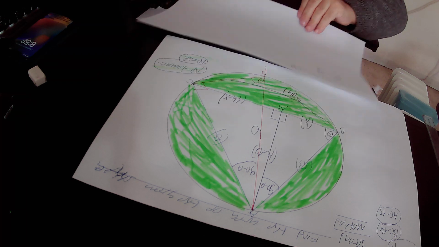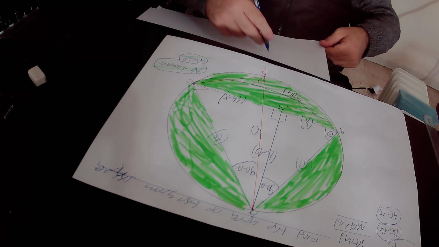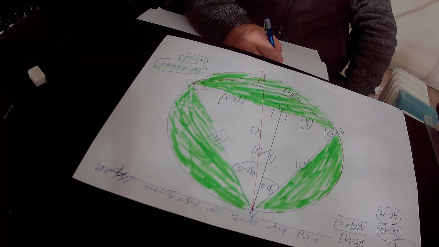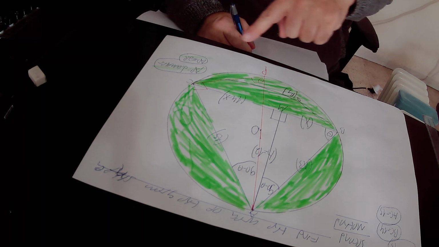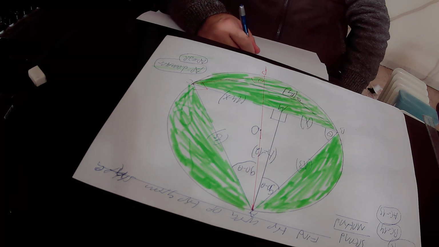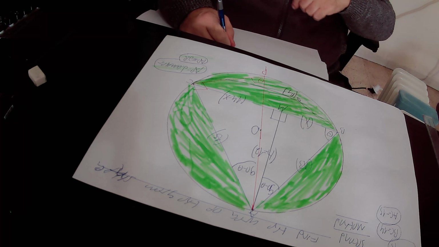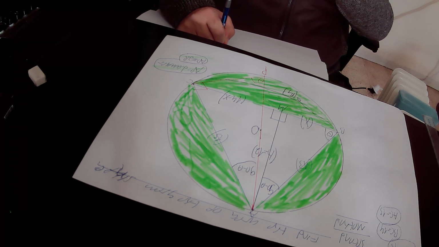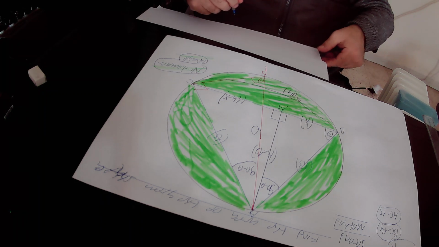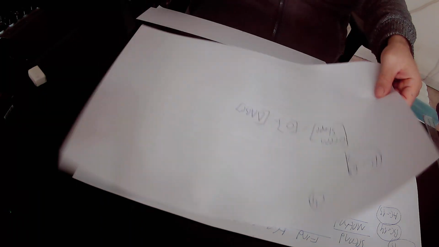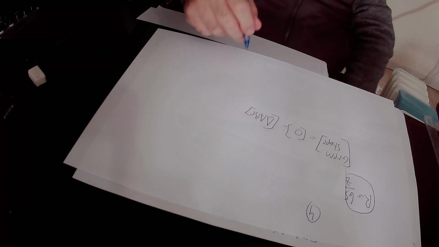And what is the area of the green shape? The area of the green shape in total is equal to the area of the circle minus the area of triangle ABC. Repeat again, the area of this green shape equals the area of the circle minus the area of triangle ABC.